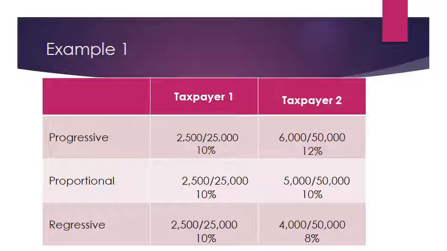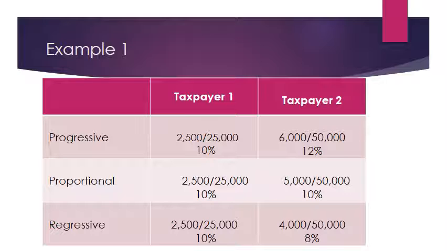So even though in monetary value, in all three scenarios, taxpayer 2 is paying more money than taxpayer 1, the effect of the tax on taxpayers' true income is different. In the first scenario, it was progressive, so the effective tax rate was higher for taxpayer 2 compared to taxpayer 1. In the second scenario, the effective tax rate was the same.